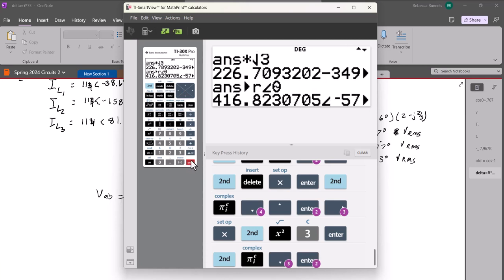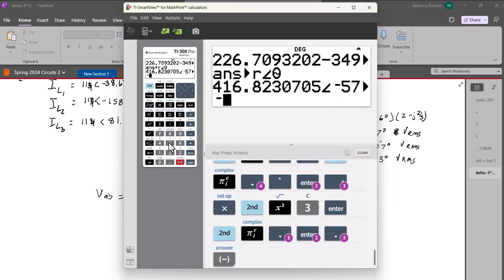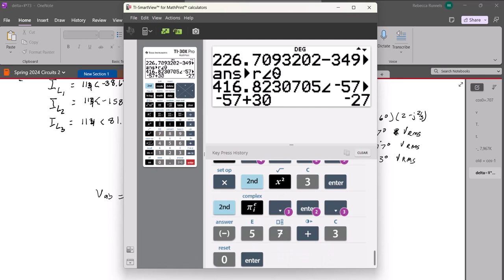So that is now 417, and I had negative 57, and that gets me negative 27.